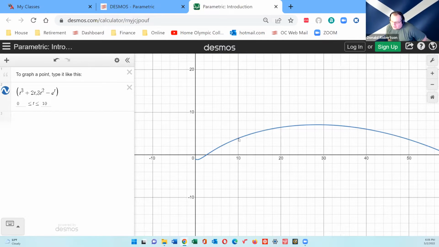So what I'm getting is parametric curves have derivatives. Roughly, I'm not saying for sure, but roughly about here, which is about 28, would you agree there'd be a horizontal tangent line? Top of the hill. So parametric curves have the exact same properties as any other curve.